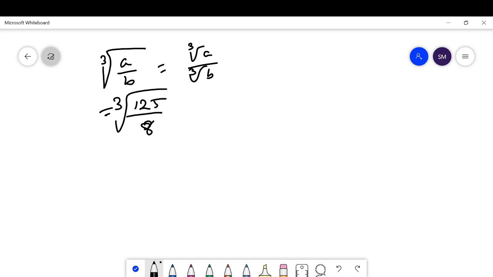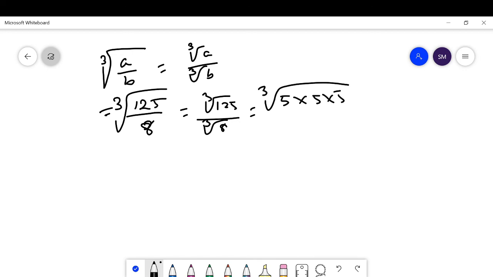Then this is cube root of 125 upon cube root of 8. Then at first do the prime factorization. Then make triplets. Then take 1 from each triplet. This is 5 upon 2.